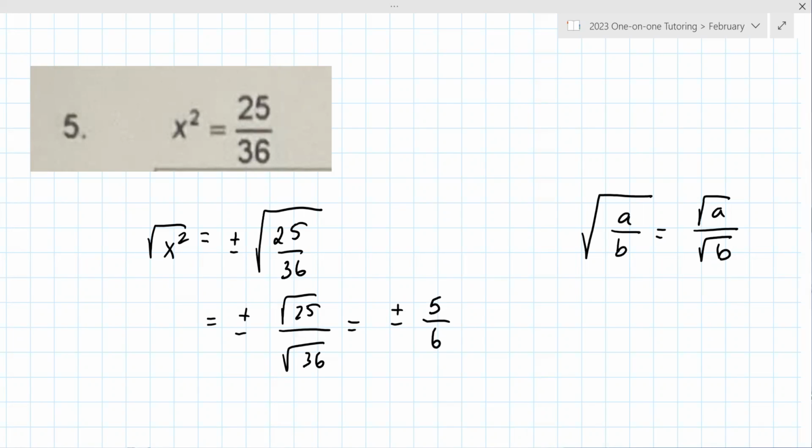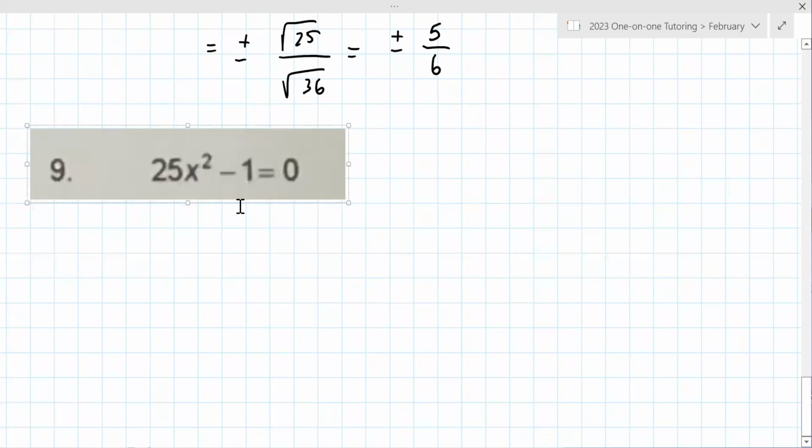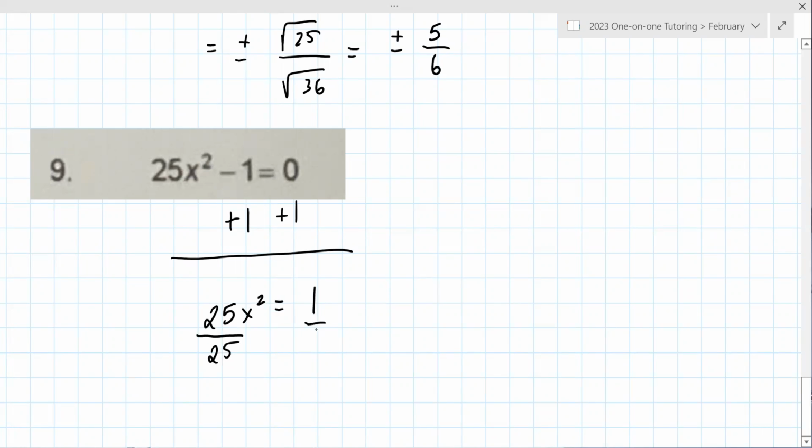So why is that useful? We'll look at number 9. It's very similar to number 5. We have to do a little bit of work here. We're going to first add 1 to both sides, and then divide both sides by 25. Just because there's a fraction, you don't want to get too overwhelmed and think that it's impossible.